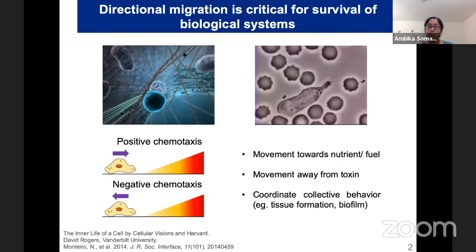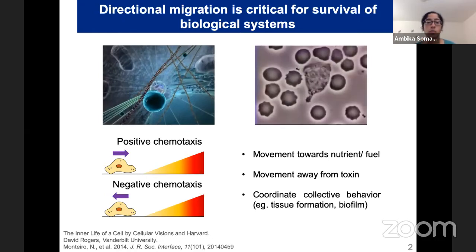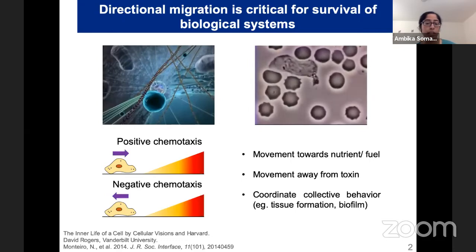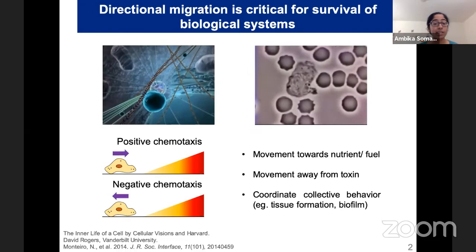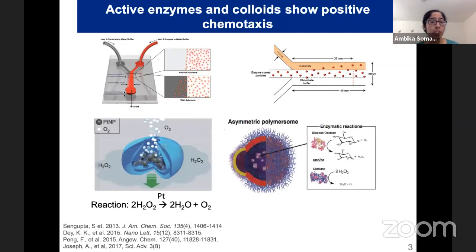This kind of movement is called chemotaxis, and it is in two general directions. It is called positive chemotaxis when the cell is moving up the chemical gradient, or towards higher concentration. And it's called negative chemotaxis when it moves down the gradient or away from the high concentration of chemical. Inspired by nature and biology, scientists all over the world have tried to create a variety of synthetic material that is able to show this directional migration.